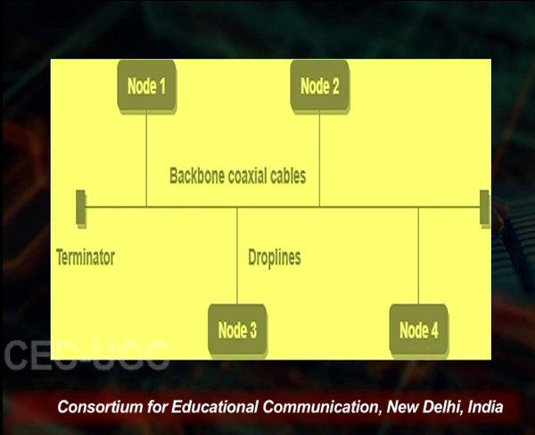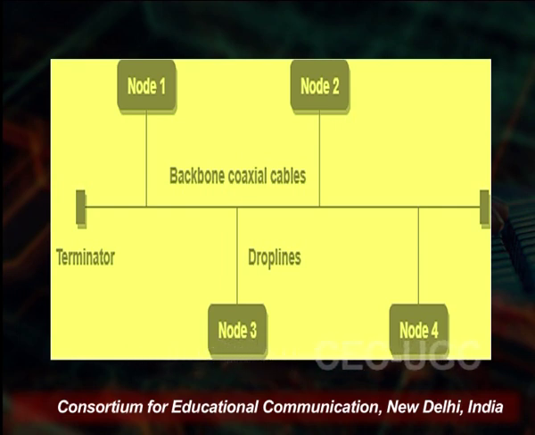On the central line, which is known as the backbone, or the central cable, which is usually in the form of coaxial cables, we can use others as well nowadays because of technology advancements. Now this central backbone is connected to all the nodes.